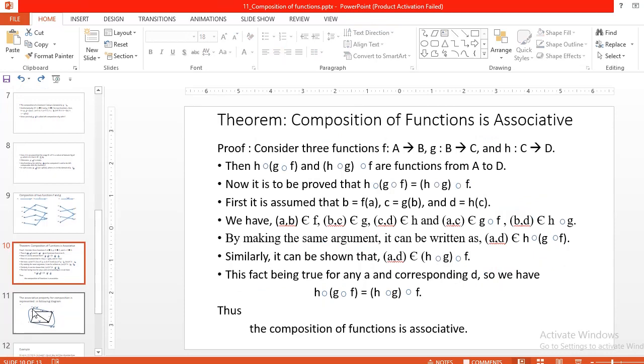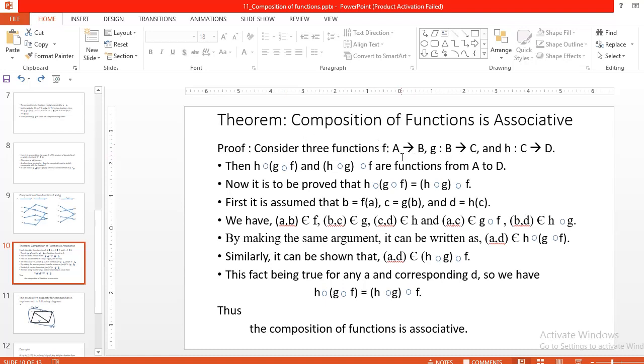Next, let's see one theorem. The composition of functions is associative. How can we prove that the composition of functions is associative? For this proof, we consider three functions.